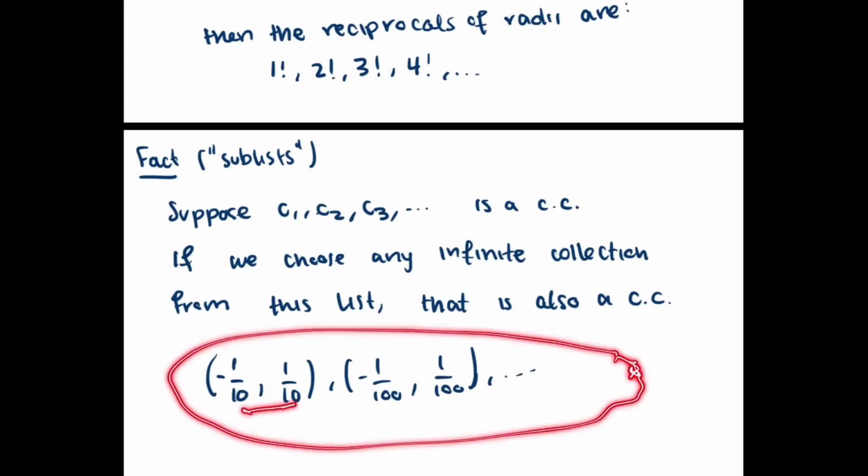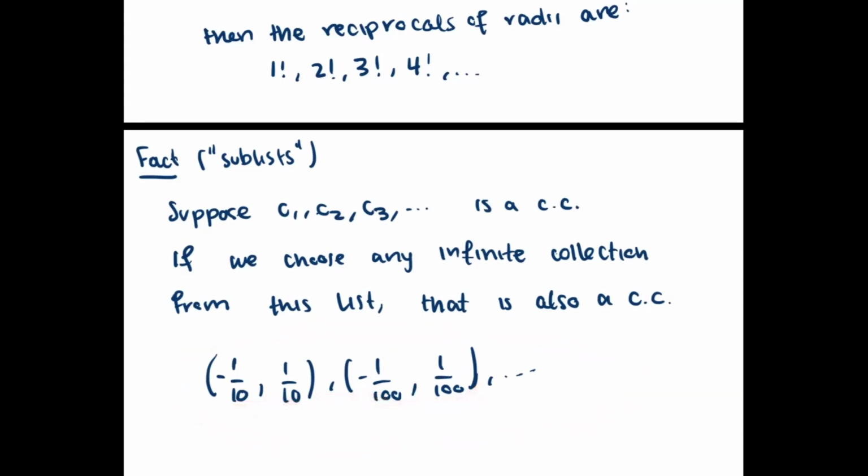I'm just picking out a few of the terms. From the reciprocals one, I skipped the first 9 terms and then took the 10th one. I skipped the next 89 terms, then took the 100th, and so on. So you could have used this fact about sublists to prove that the decimal one is a collapsing collection. Yeah, exactly.